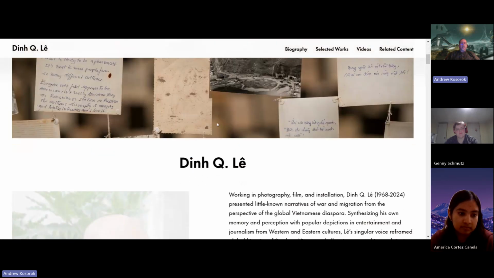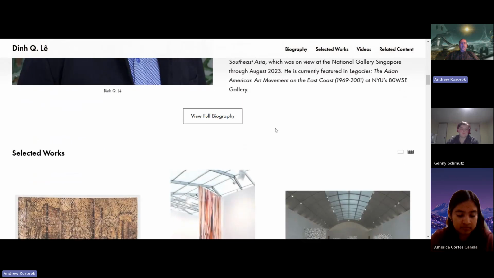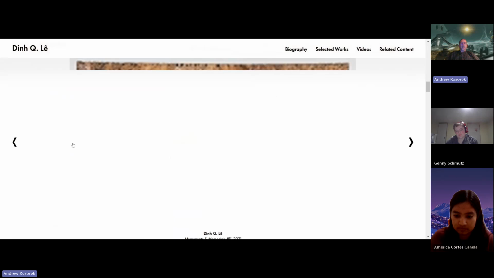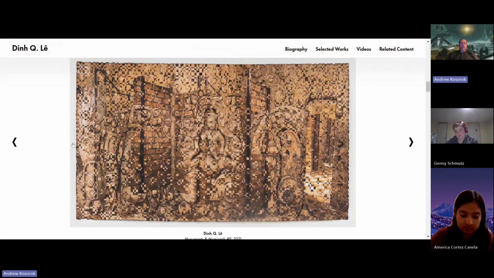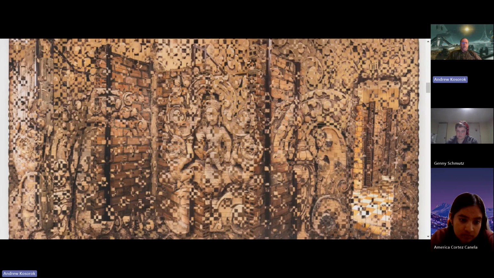But he creates environments and installations that very much fit the concept of contemporary work, conceptual work, things like this. He's dealing with the ideas of memories and what both America and what Jenny, you talked about. Now, this is interesting, and I'm going to pull in on it a little bit.